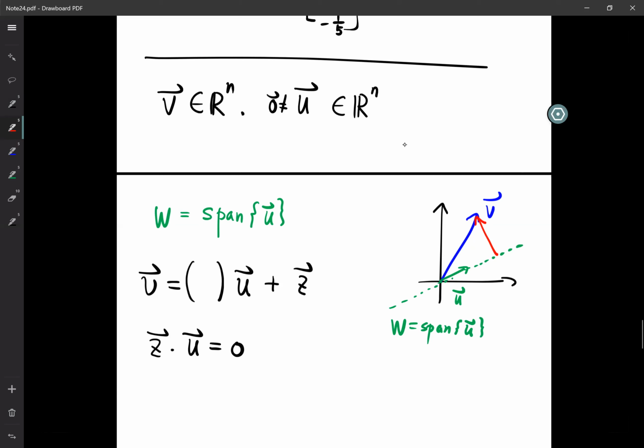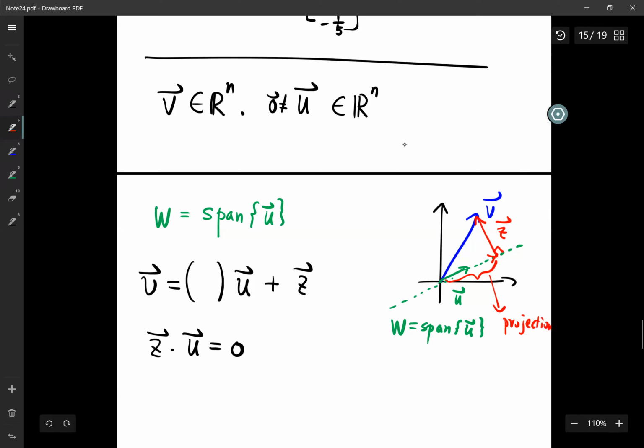I mean, alpha times U is here, but I want to choose alpha to be not too large, not too small, to be exactly here, so that the difference between V and alpha times U is a vector Z, and Z is orthogonal to U. And this line here is called the projection.